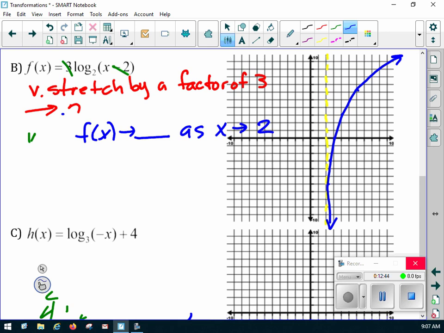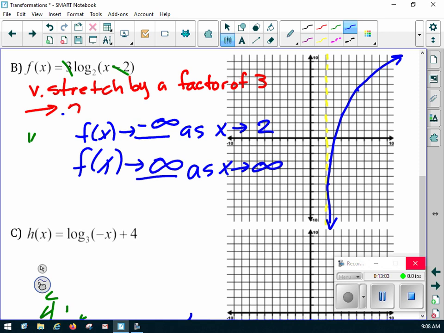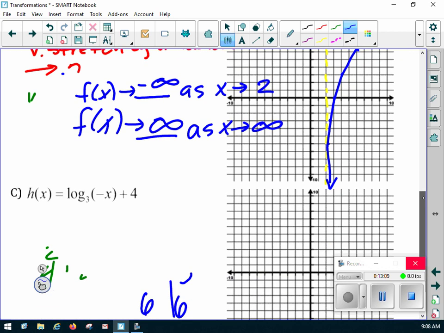So as the x values get closer and closer to 2, negative infinity. F of x approaches what as x approaches infinity? Infinity. And beyond. Okay, we got 2 done.